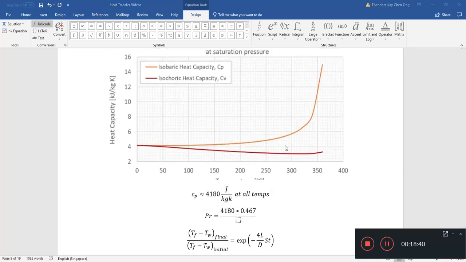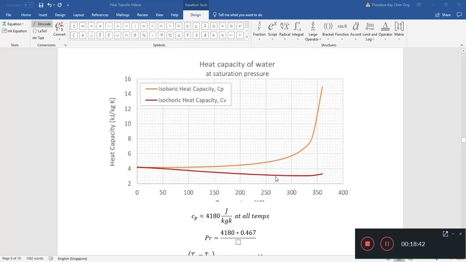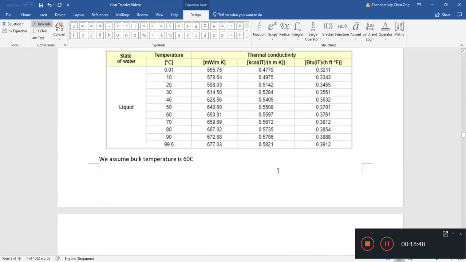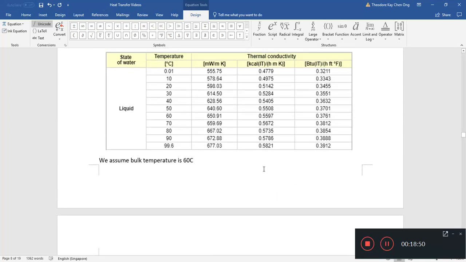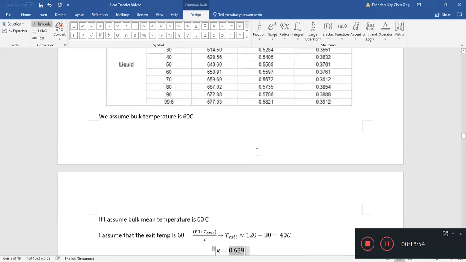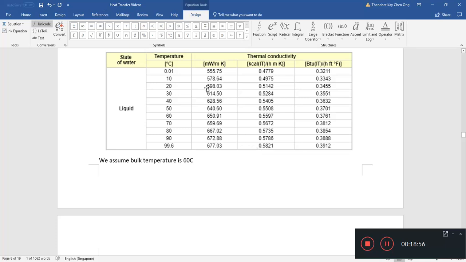Yeah, anyway, excuse me. So this is the heat capacity, this is the viscosity, this is the Kelvin, sorry, the thermal conductivity. This is million watts per millikelvin, so it's watts per Kelvin, million watts per meter per Kelvin. Okay.